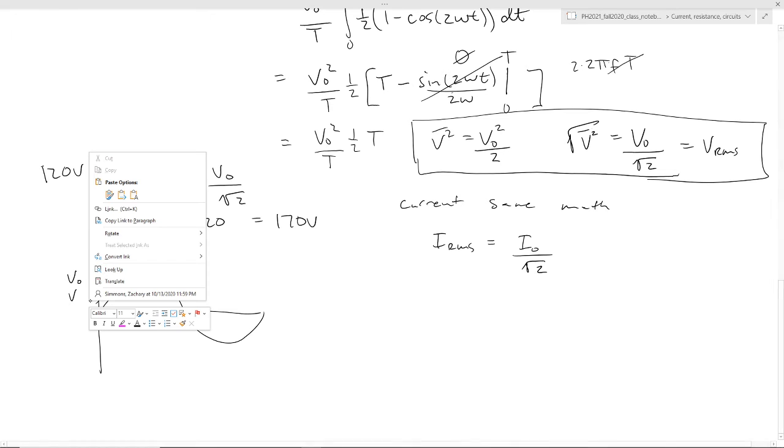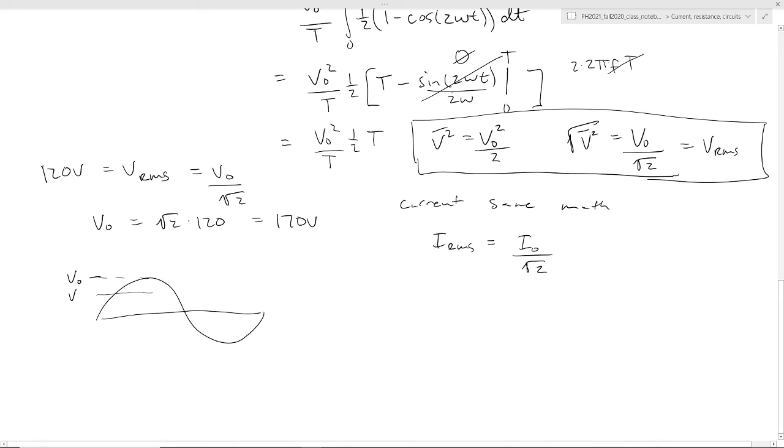And then there's another fairly common one, which is peak to peak. So the other way of specifying this would be to say the voltage peak to peak, which you can see would be 2 times V naught.